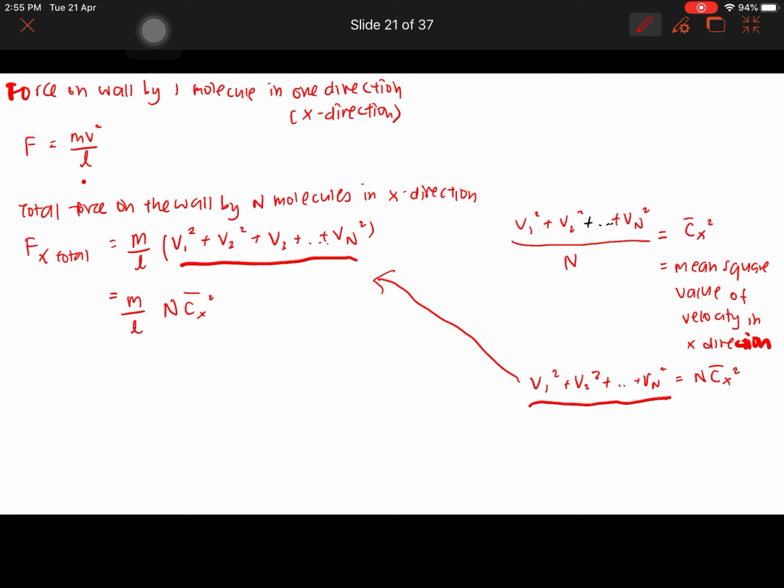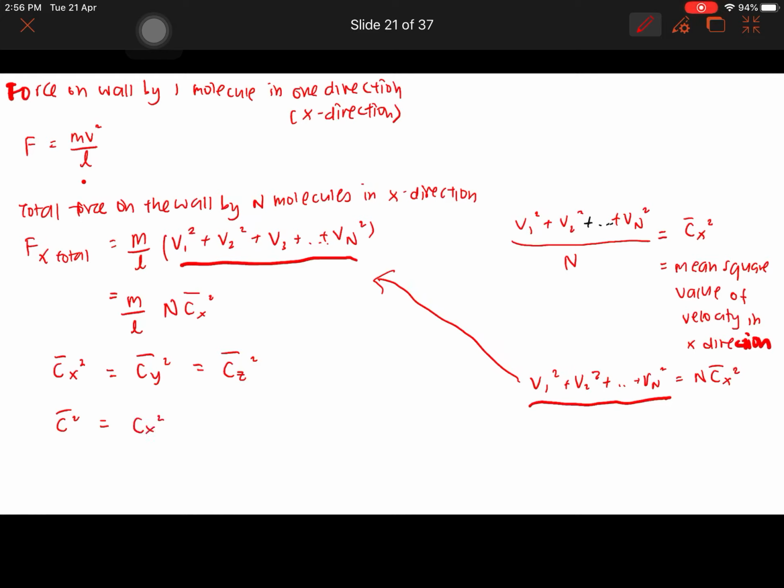If I had done this in the y direction or in the z direction, the total force in each direction will be the same, right? So this tells us that the mean square velocity in the x direction will be the same as the mean square velocity in the y direction, which will be the same as the mean square velocity in the z direction. And how do I find the total mean square velocity in all directions?